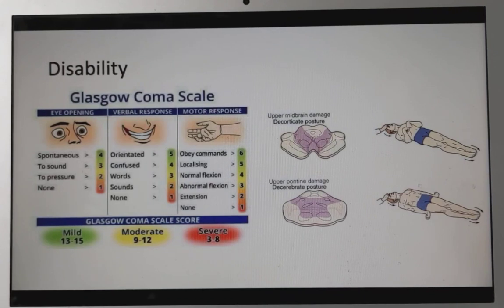And you will need to send off a few blood tests, and maybe get a CT as required, depending on the situation. But in your primary survey, all you will do is check the blood sugar levels and do your assessment.